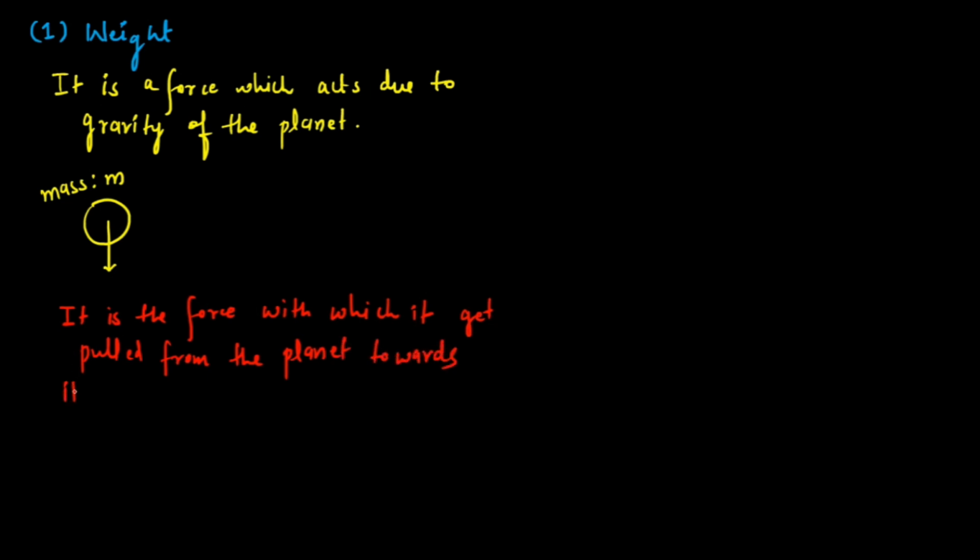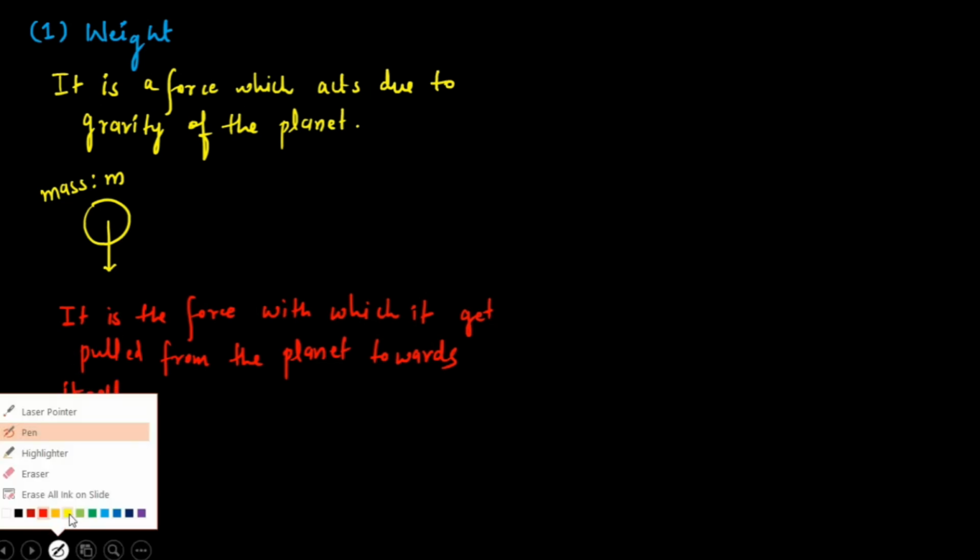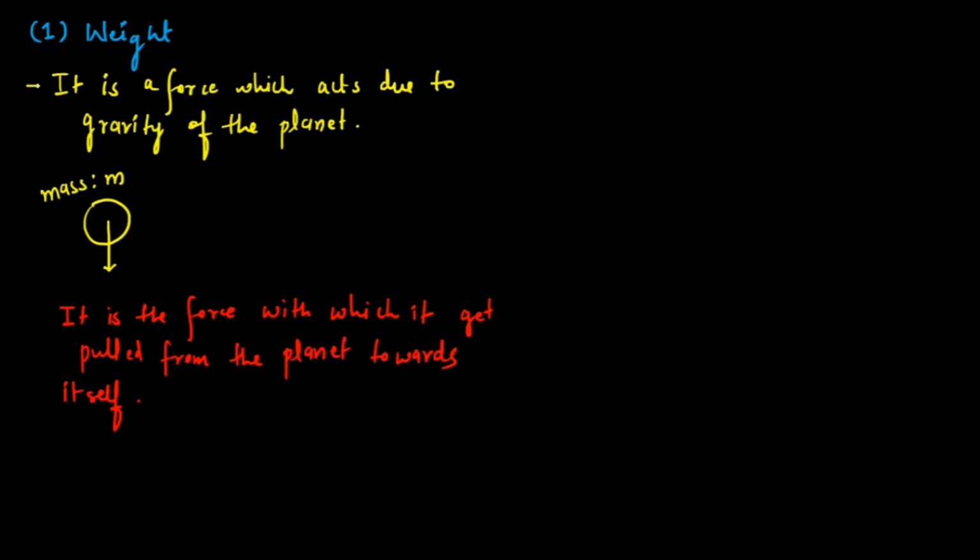So remember, this is a type of force. So if it is a force, it must have some direction. The direction of weight is always towards the center of Earth, or the center of the planet.